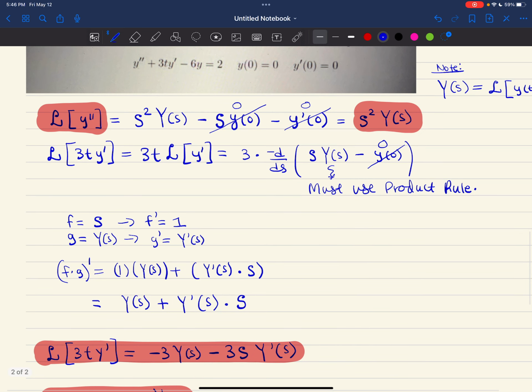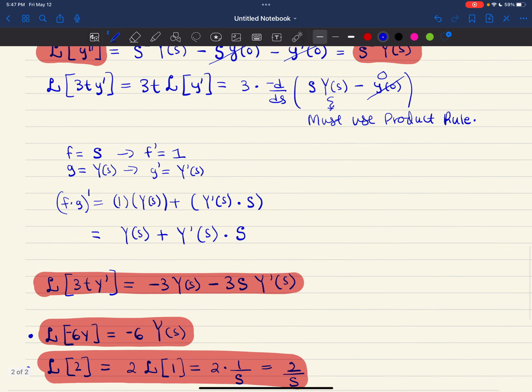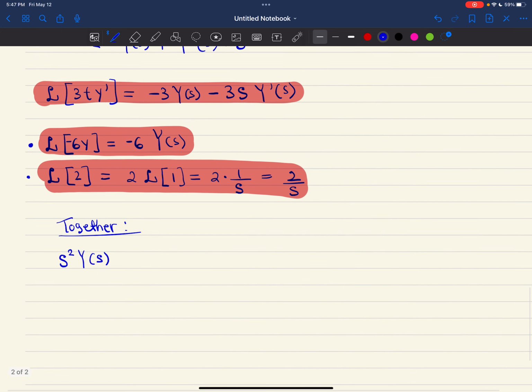Then we have negative 3 big Y of s, minus 3 big Y prime of s, and then negative 6 big Y of s.